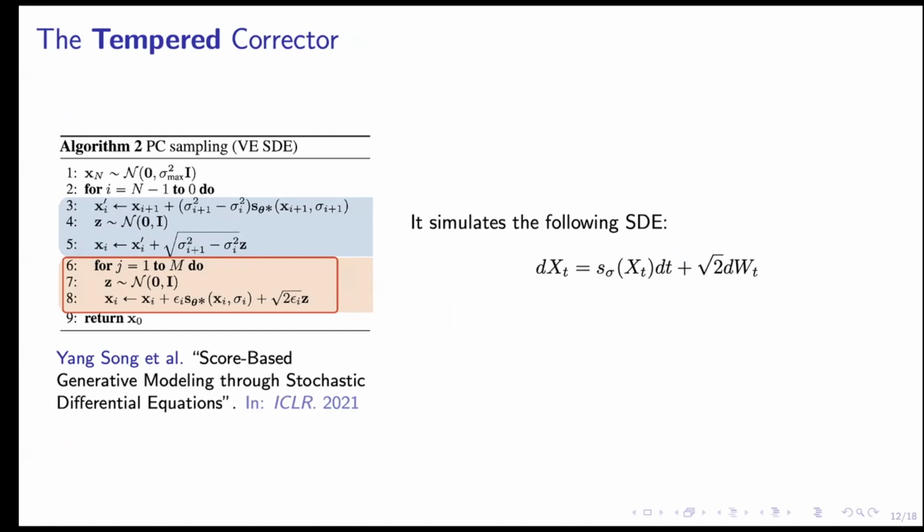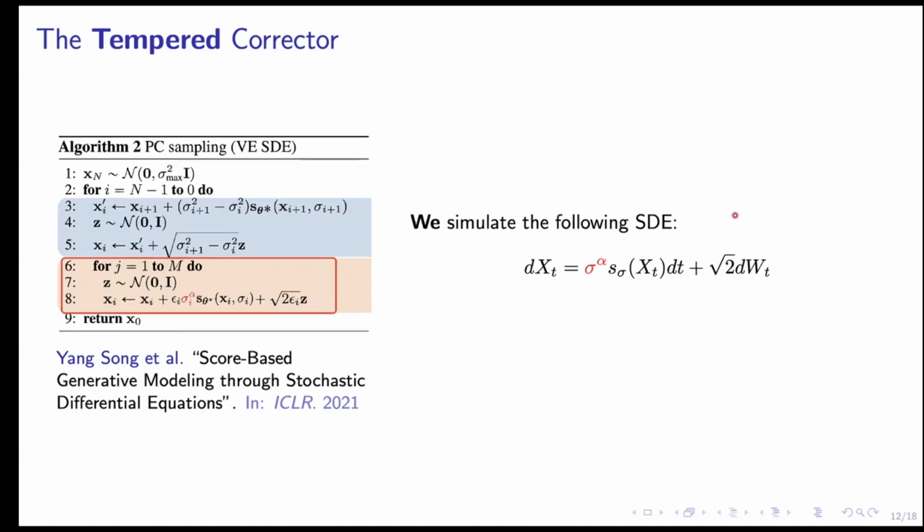This corrector step tries to correct the distribution at that time to be more closely aligned with the distribution that corresponds to the score function. We propose to replace this Langevin dynamics with our tempered Langevin corrector, which multiplies the score function by sigma to the power of alpha.